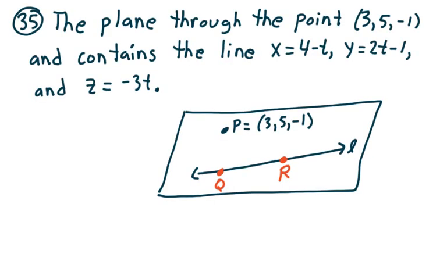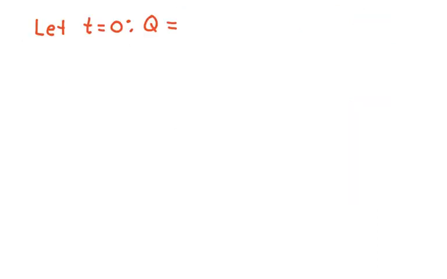So I'm going to let t equal 0. And so we'll call this point Q. So I'm going to replace t with 0. So x is 4, y is negative 1, and z is 0. So Q is 4, negative 1, 0.